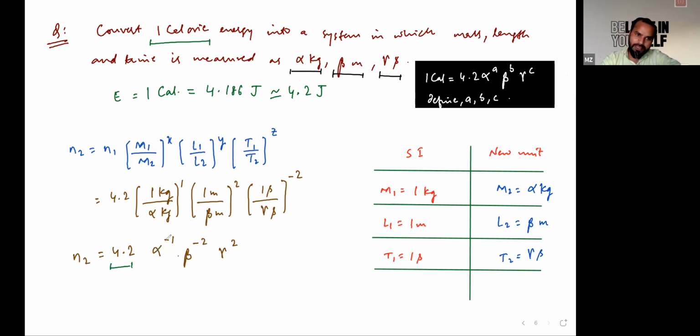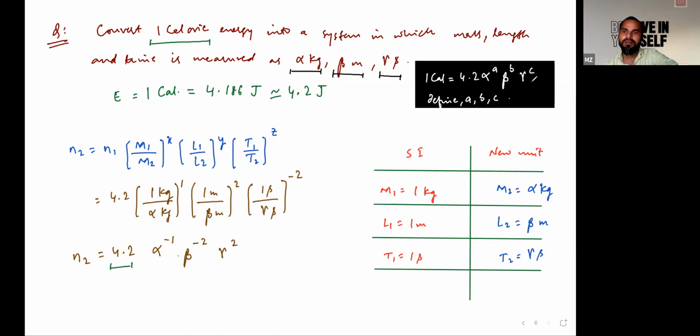Alpha is raised to the power -1, so the value of A would be -1. Similarly, beta has exponent -2, so the value of B would be -2. And the exponent of gamma is 2, so C would be 2. Is it clear?